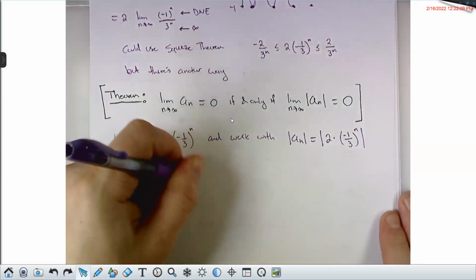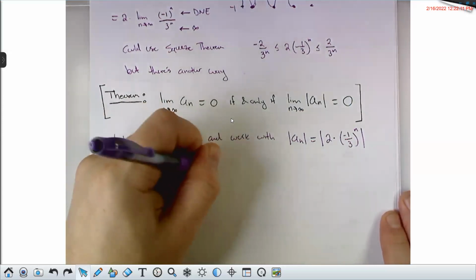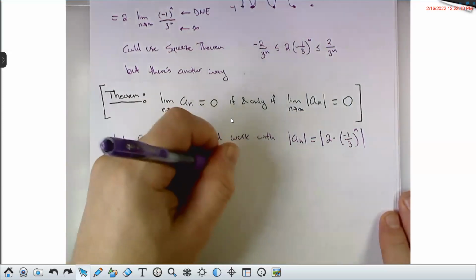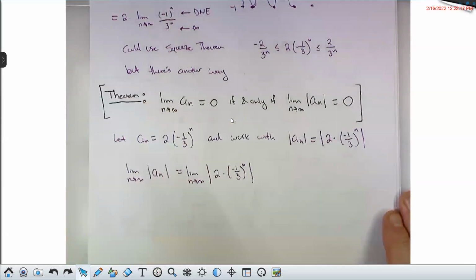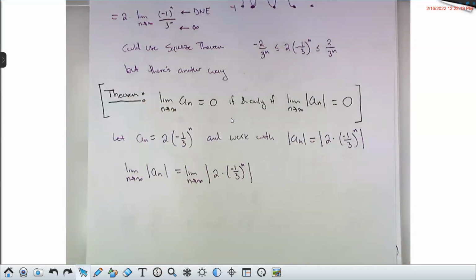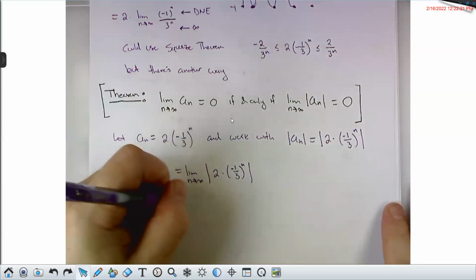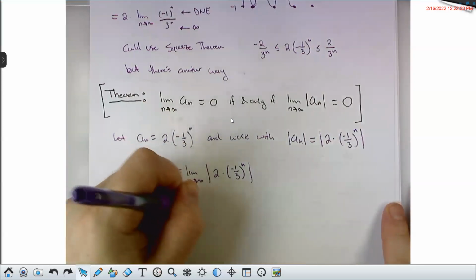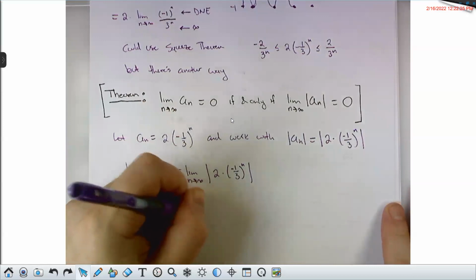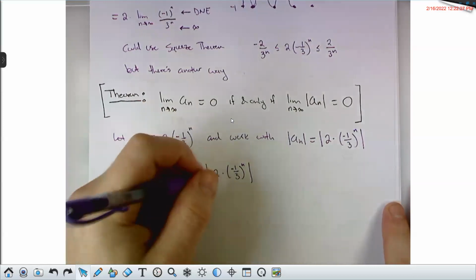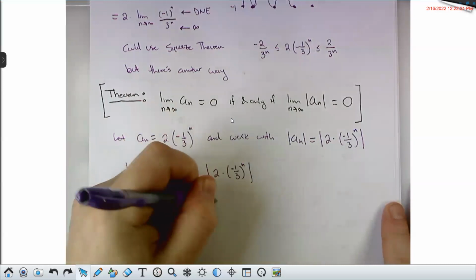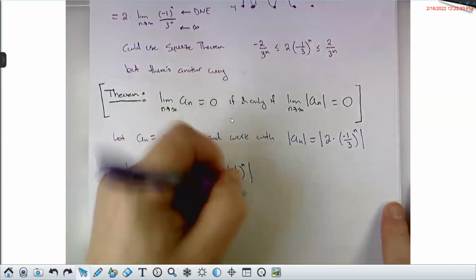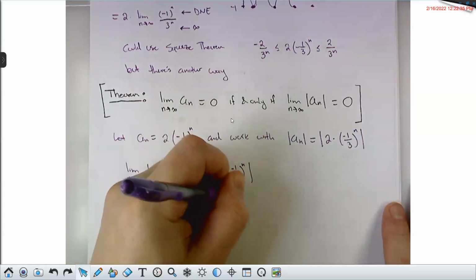This is the limit as n goes to infinity of the absolute value of 2 times negative 1/3 to the n. First things first, absolute value is multiplicative. That means if you've got the absolute value of a times b, that's the same as the absolute value of a times the absolute value of b.